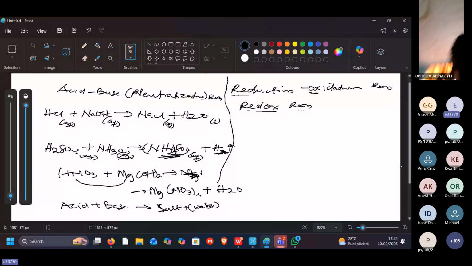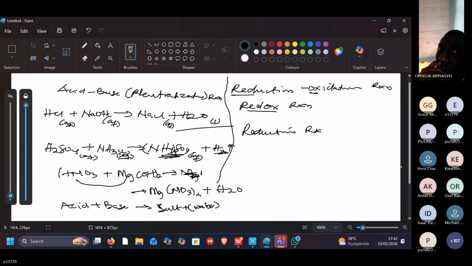It is two different reactions which are happening simultaneously. So we can have the reduction reaction and then the oxidation reaction.